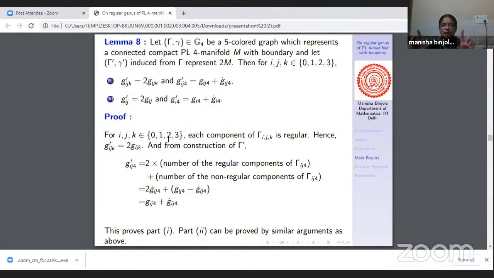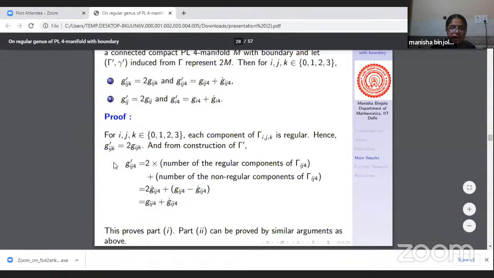Now this is non-regular, which means we have at least one boundary vertex here. So from the construction, we join those two vertices by color 4. This means the two components in the two copies become one component in gamma dash. So as ijk, this component is always regular. Non-regularity will come when 4 comes into the picture.